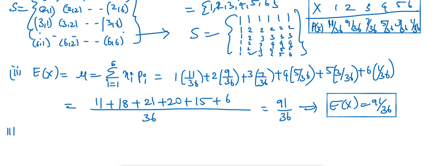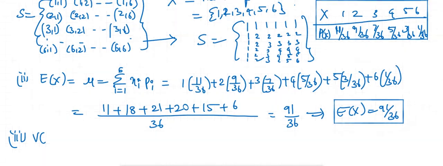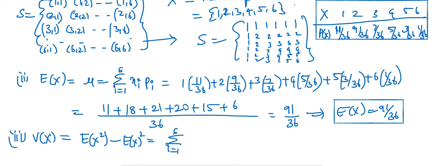The third one is the variance. Variance of X is equal to expectation of X squared minus expectation of X whole squared. It is the sum from i equals 1 to 6 of xi squared pi minus 91 by 36 whole squared.